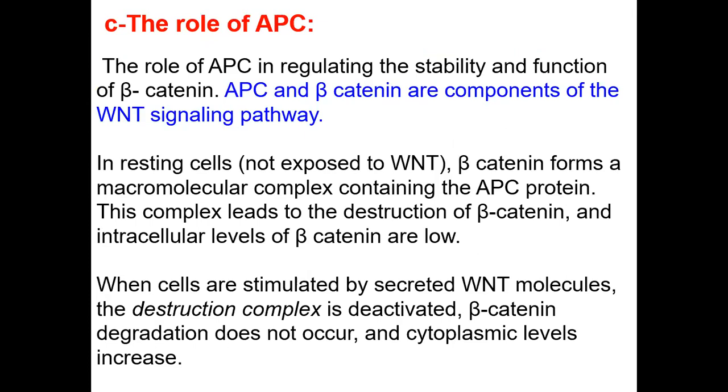The role of APC in regulating the stability and function of beta-catenin. APC and beta-catenin are components of the Wnt signaling pathway.